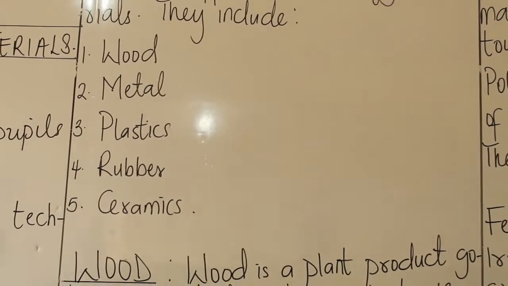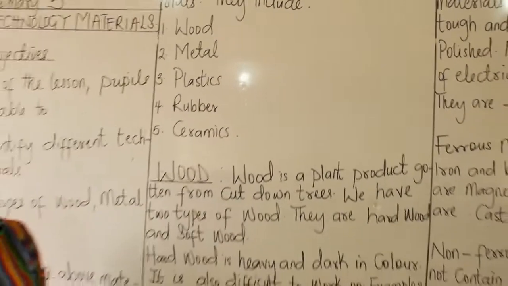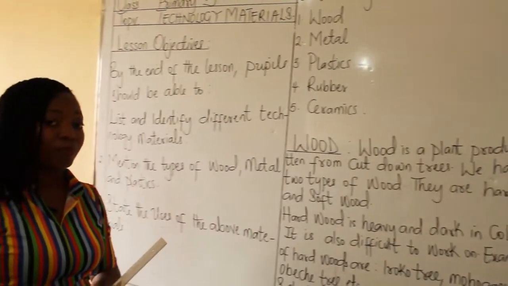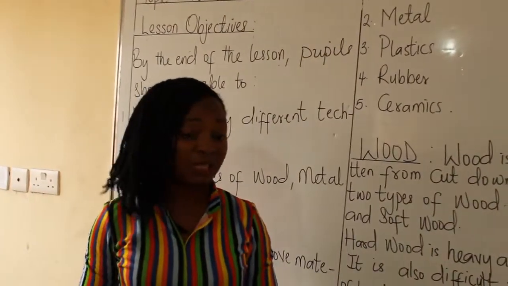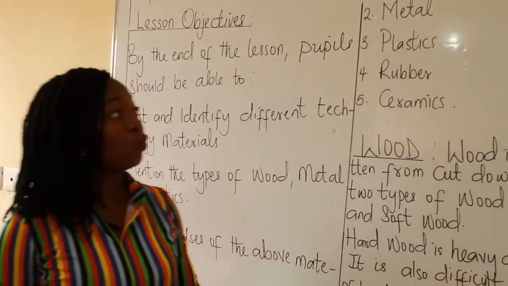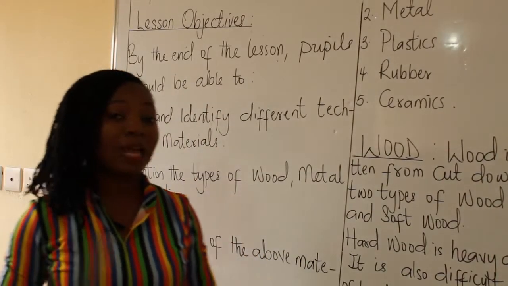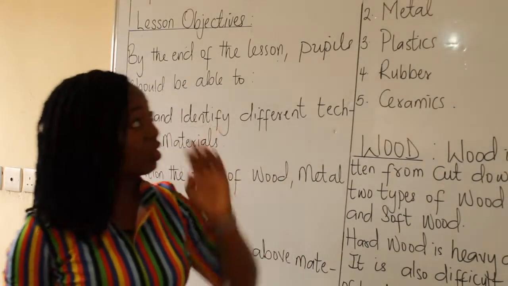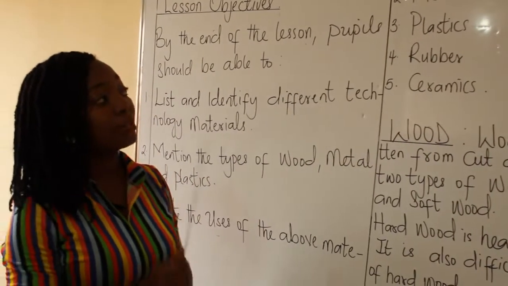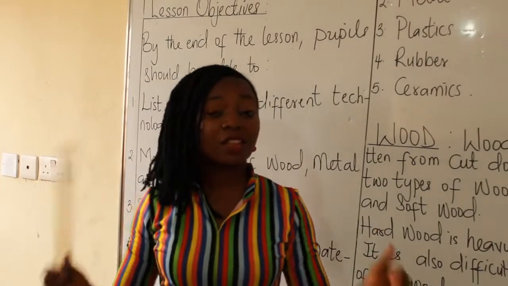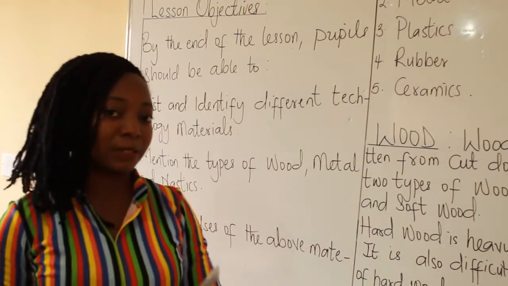These are the different examples of technology materials. But for the purpose of this lesson, we will be looking at just the three: wood, metal, and plastics.